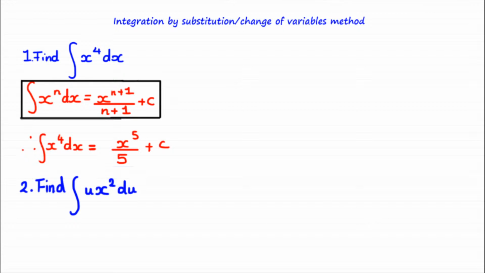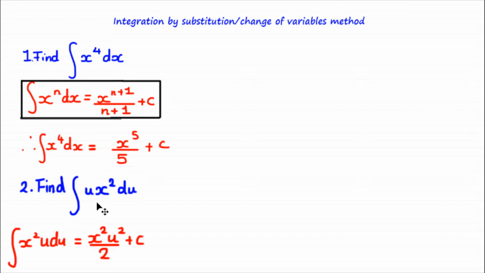I'm going to go through the answer. The integral of this function is equal to x squared times u squared over 2 plus the constant of integration. You might be wondering what happened here. You've got to pay attention to this du. All it means is integrate this integrand with respect to u.